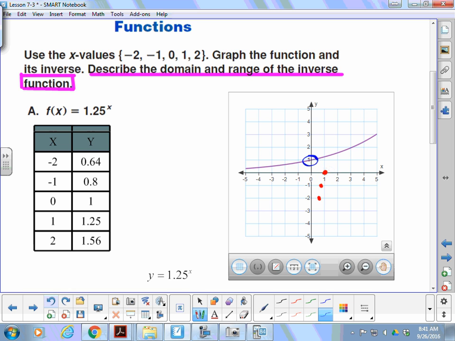We have 0, 1 and 1, 0. Right? 1.25, 1 and 1.56, 2. Right? So the graph of the logarithm then will look like this. Eventually it will go this way.